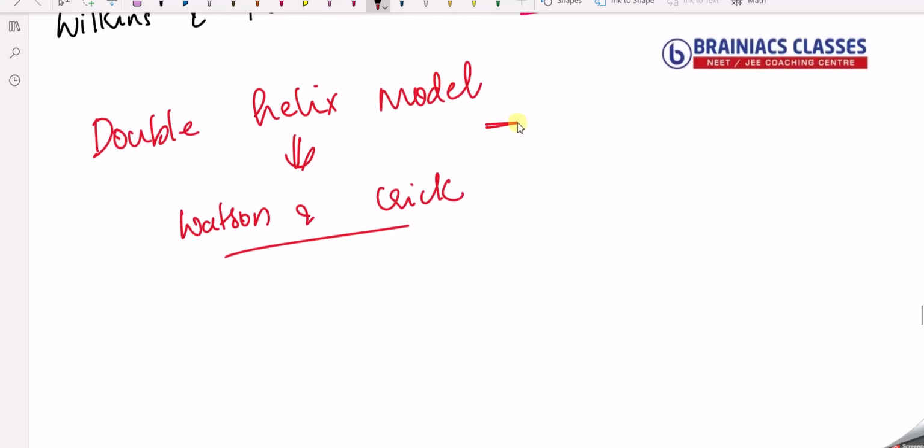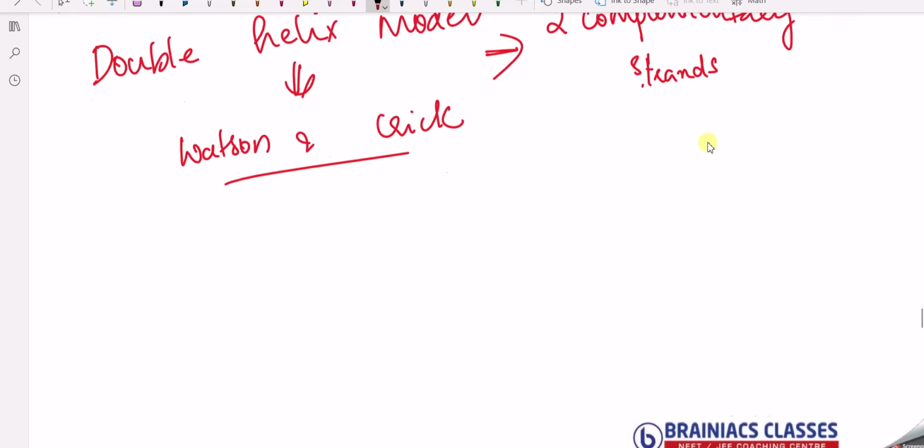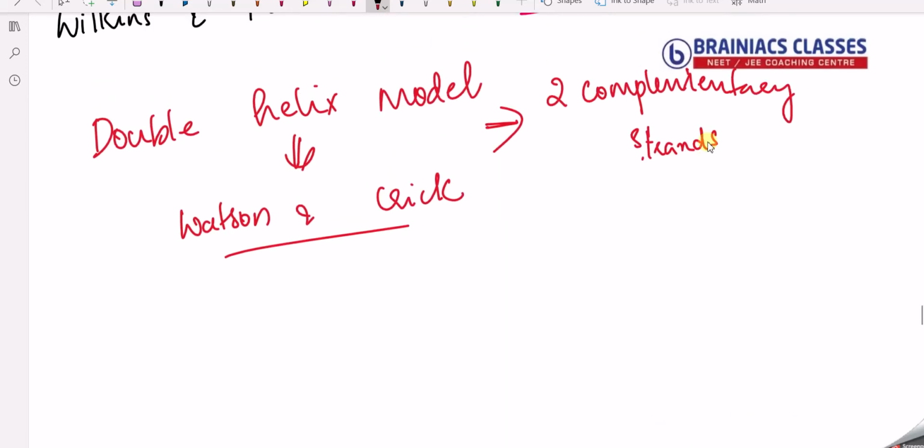If you take this double helix model, we can see there are two complementary strands of DNA. These two complementary strands are anti-parallel. But what is meant by complementary strands?